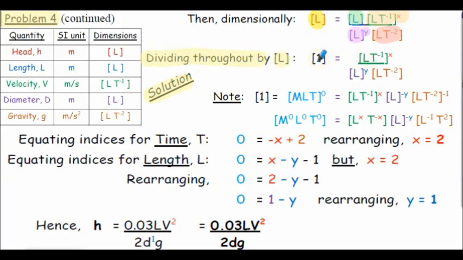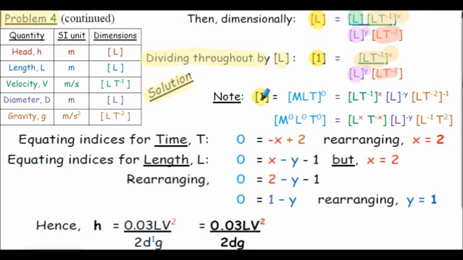So on the left hand side I now have 1 because L divided by L is 1, and on the right hand side the L on the top line cancels with an L on the bottom line, so I basically end up with my velocity raised to the power of x divided by d raised to the power of y. That's multiplied by gravitational acceleration.